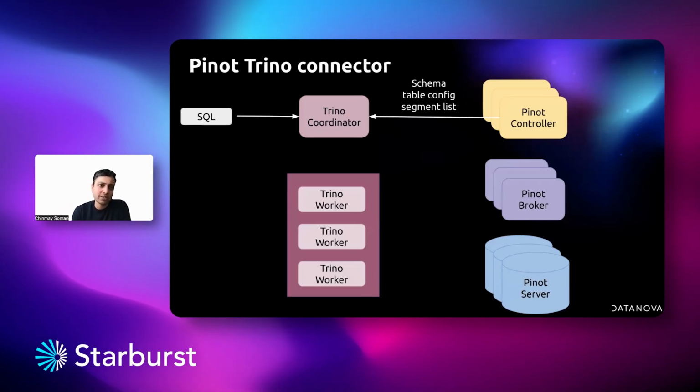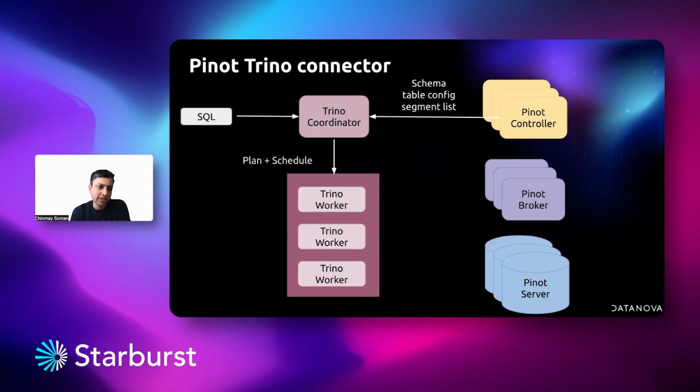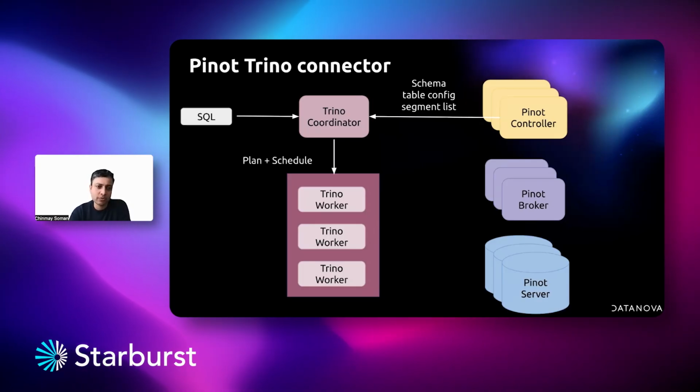So with the segment list, Trino knows which servers it needs to communicate with to generate the query response. So it'll take a look at the given SQL query and then figure out how it wants to execute this on Pinot. And there's actually two different options of doing this query execution.